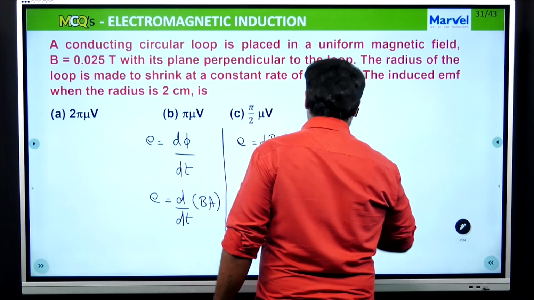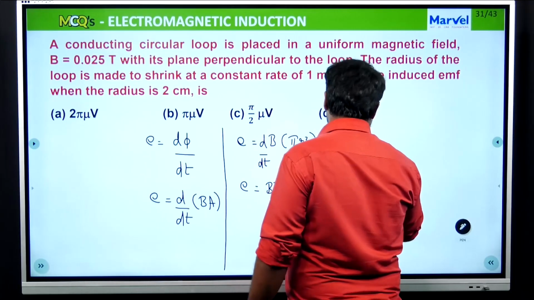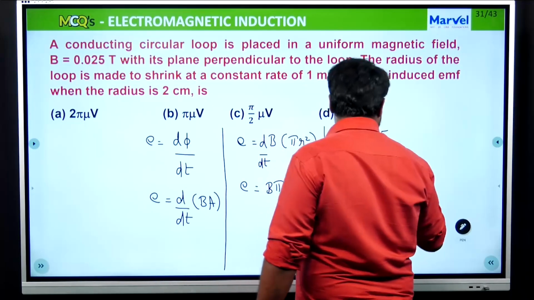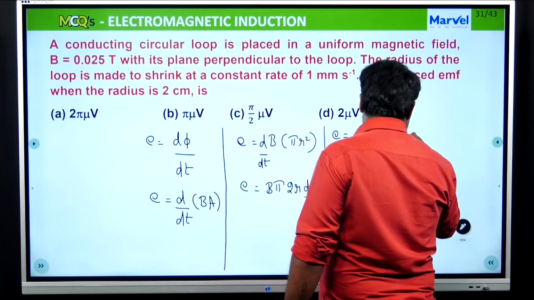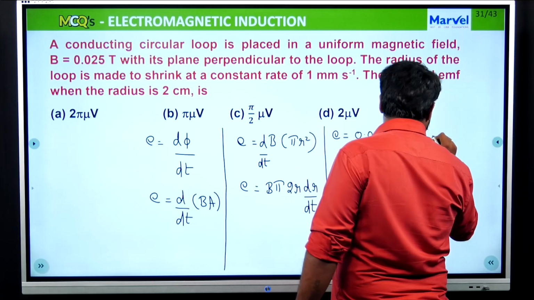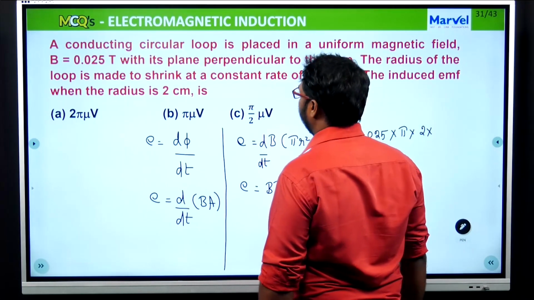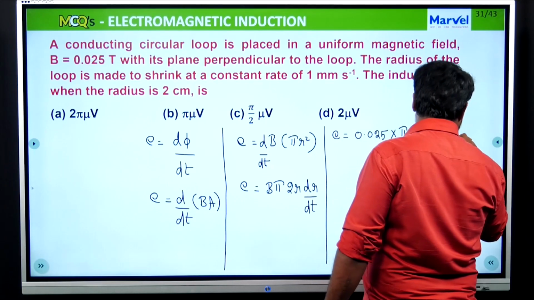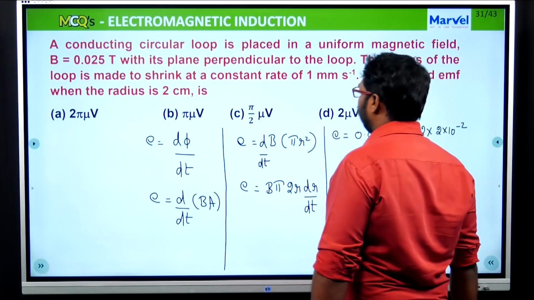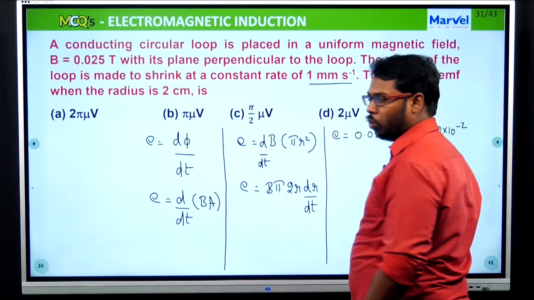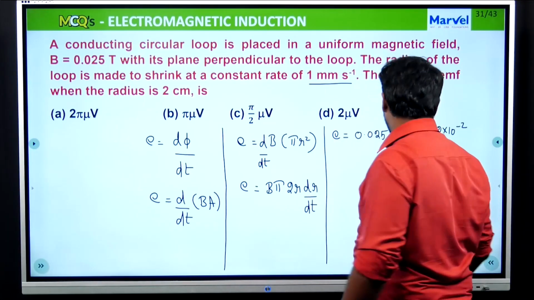E is equal to, the magnetic field is 0.025 into pi into 2 into R, which is the radius, 2 into 10 power minus 2 meters, and dr by dt is given to you as 1 millimeter per second.